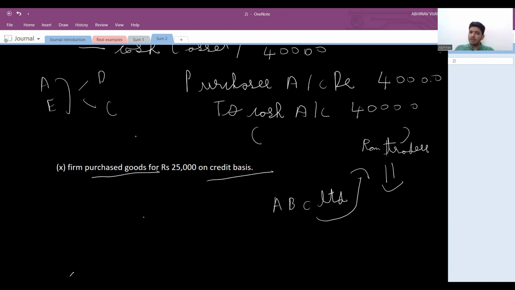And after Ram Traders gives him the goods, ABC says thank you, I've gotten the goods, but I don't have cash right now. I'll pay later. So when you say you will pay later, that means on credit. I'll pay later means on that date he received the goods, but he didn't pay cash. So there's an obligation on top of ABC Limited's head to pay the cash. That's it.